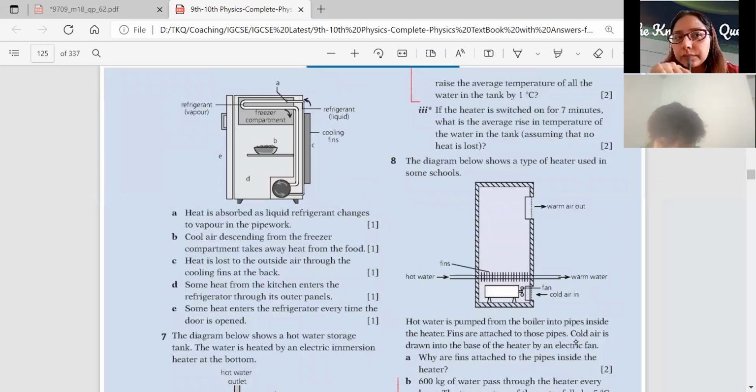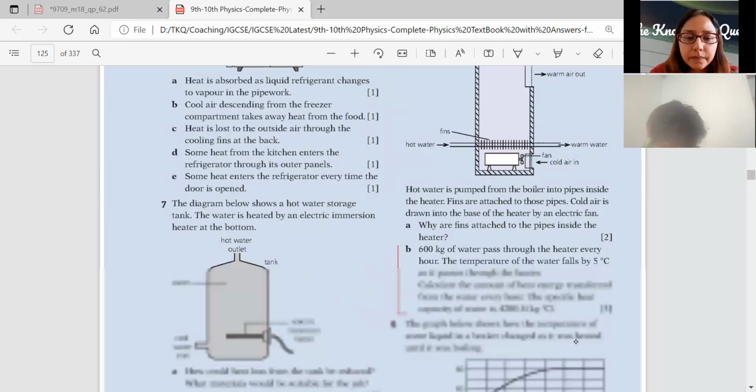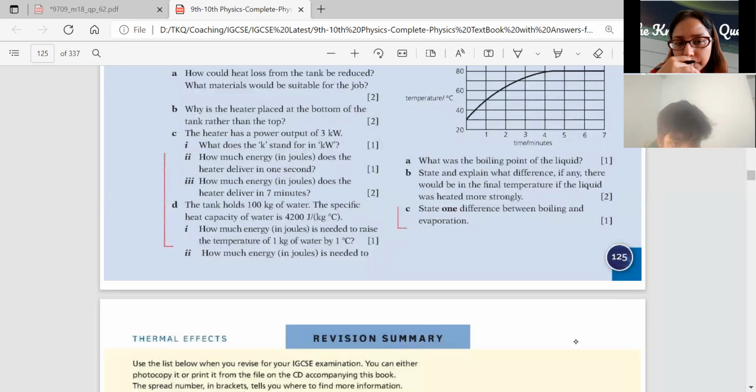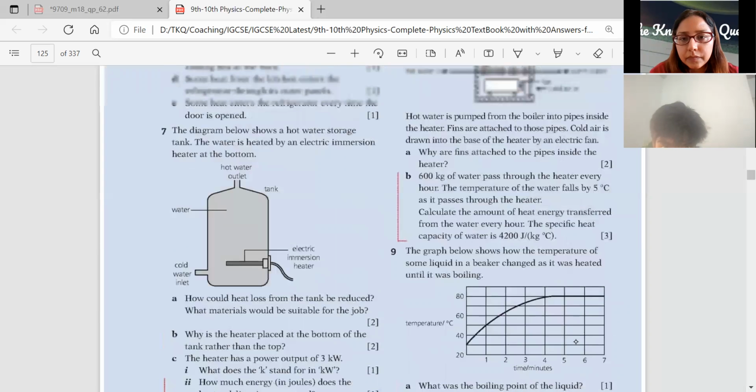Third part. If the heater is switched on for 7 minutes, what is the average rise in temperature of the water in the tank? The heater was giving us 3 kilowatts, so that is 3000 joules per second.